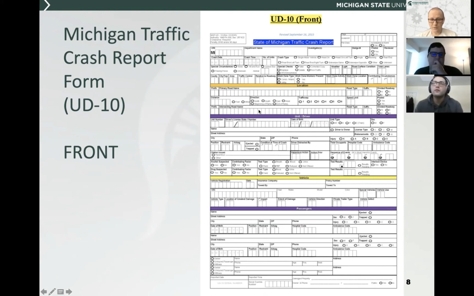Roadway information. So we have linear referencing systems here. And so we'll have a primary road on which the crash occurred. And then we'll provide a distance to the nearest cross street or other reference point. So then these can all be integrated geospatially.